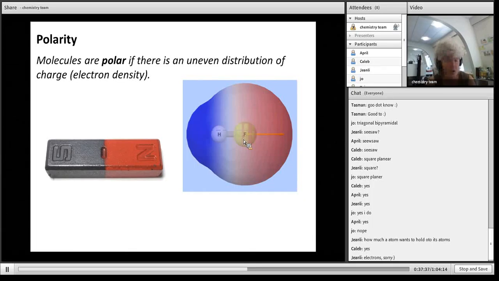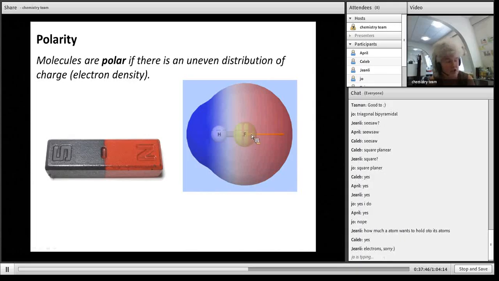Fluorine is quite a small atom, so it holds onto its electrons very strongly. It's the most electronegative element. Hydrogen is not that electronegative, so those electrons, instead of being shared equally, go more to the fluorine and hardly anything to the hydrogen.